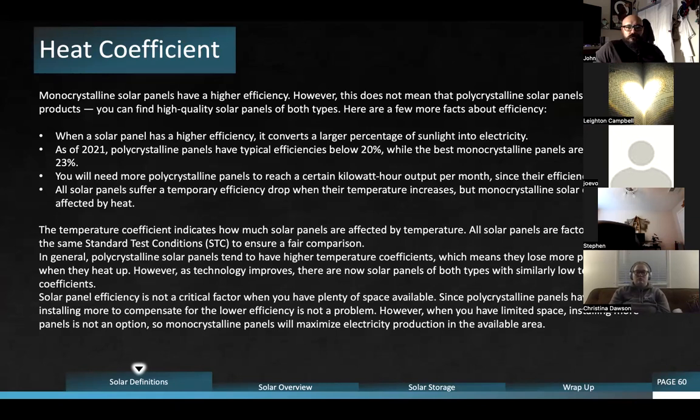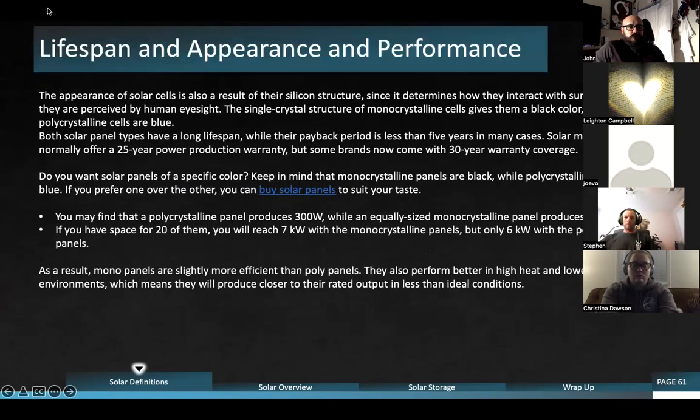Important takeaways. Polycrystalline panels are typically below 20% efficiency, while monocrystalline panels are over 20. Our panels are 21.1. So let's see how this actually works for solar.